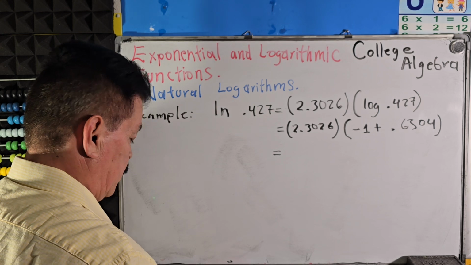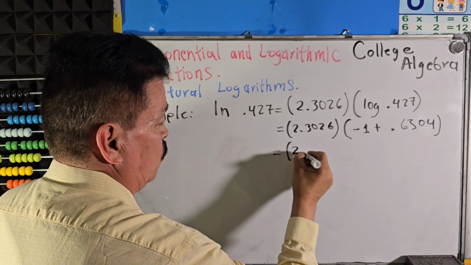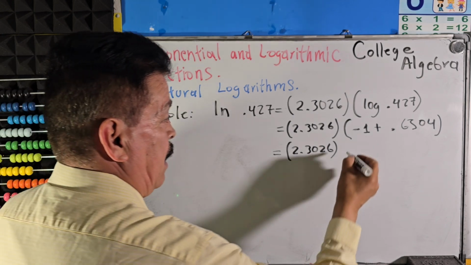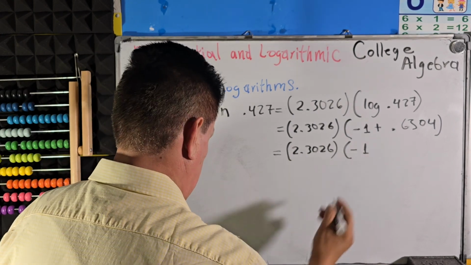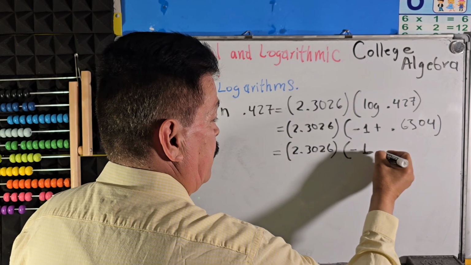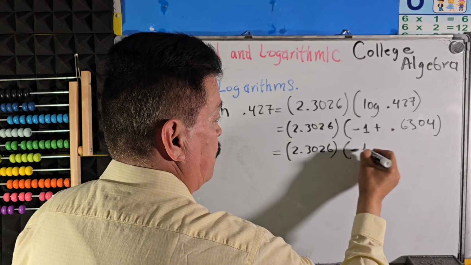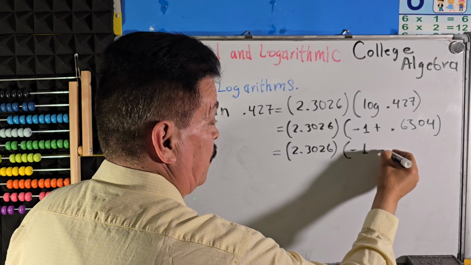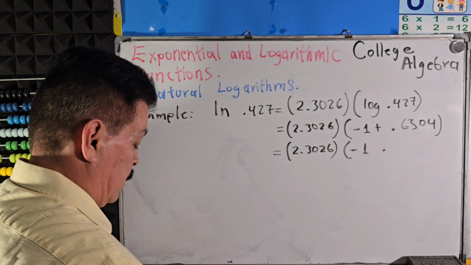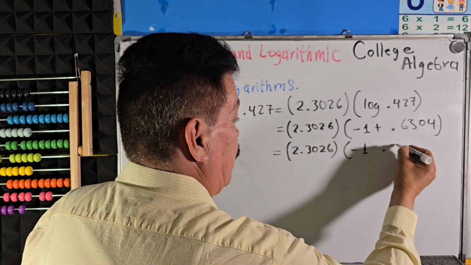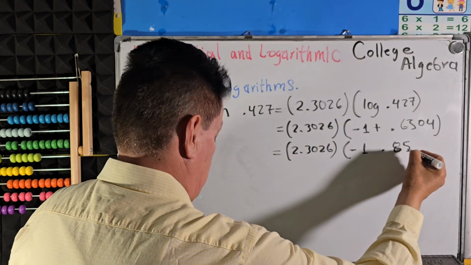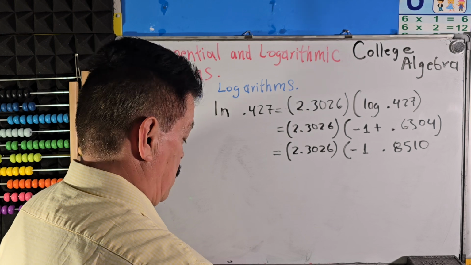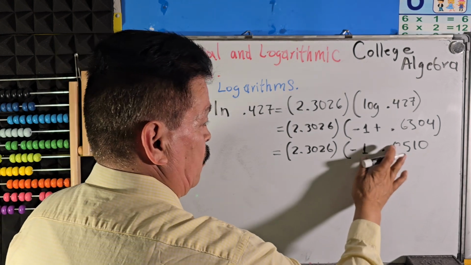Now here, just bring down 2.3026 times -1, I mean added here. It's not here.